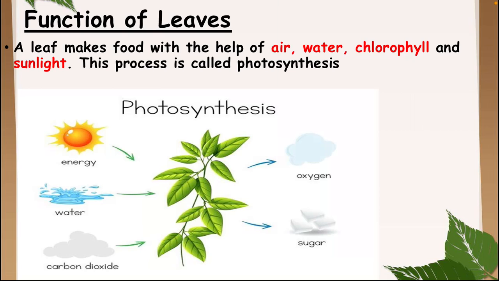So we give carbon dioxide to the plant and we get oxygen from the plant. The carbon dioxide is bonded with the hydrogen produced in the first light reaction. So in photosynthesis, energy, water, carbon dioxide and chlorophyll are the main parts, and this process is called photosynthesis.